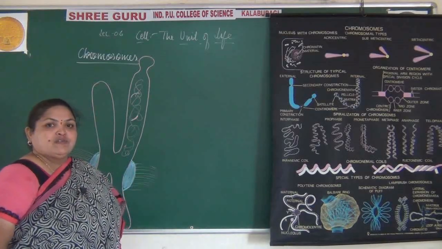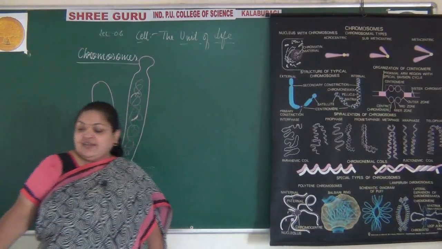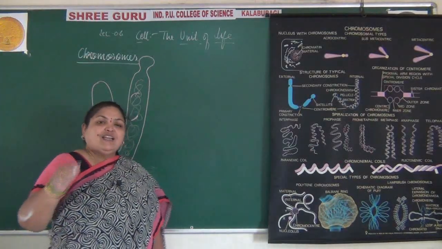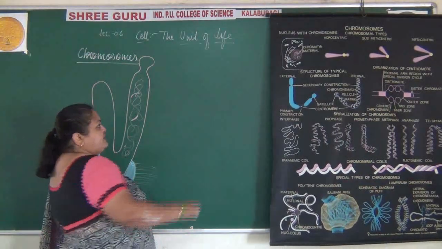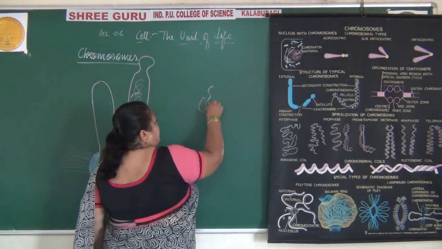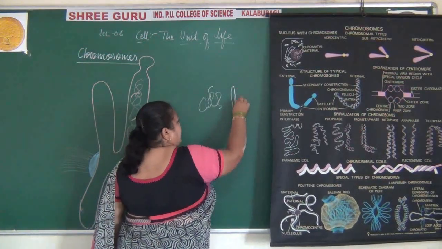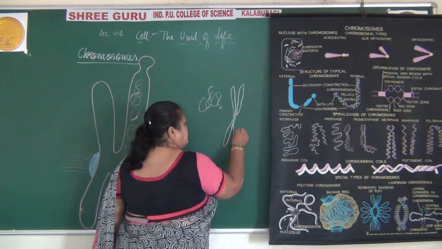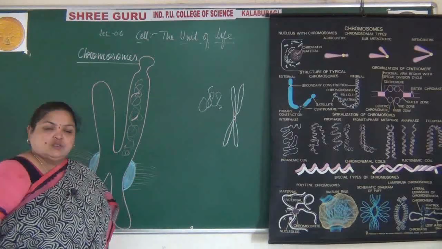Especially when the cell is undergoing the process of cell division, all the chromatin thread-like fibers condense and become thick and short structures known as chromosomes.